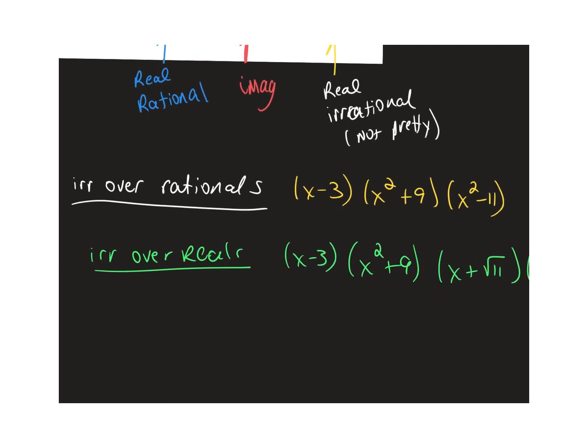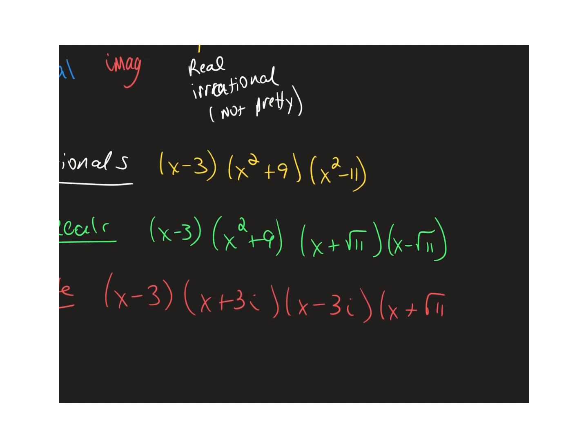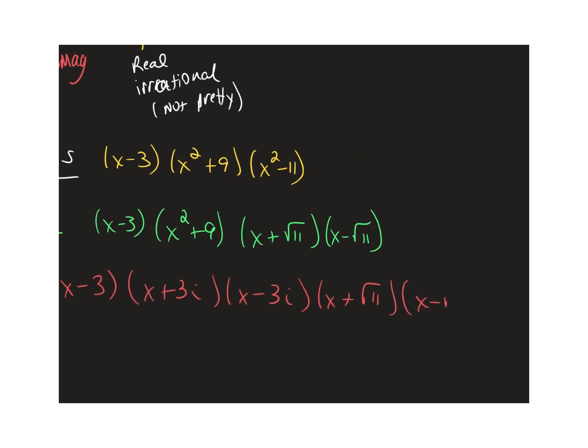If I said complete, that's one step before you write your parentheses. You'd have x minus 3. What would x squared plus 9 be? Completely factored, x plus 3i, x minus 3i, and then you guys would have your x plus root 11 and x minus root 11.